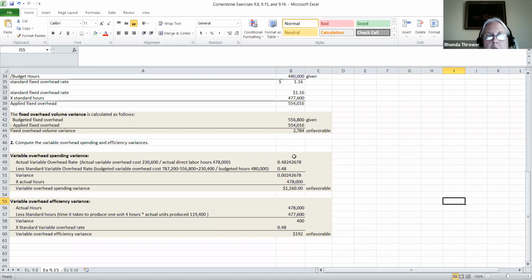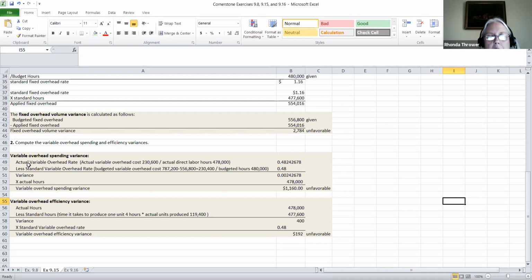Make sure in your calculations that you do not round this out, because it will mess up this unfavorable variance if you rounded this back to 48 cents. So leave it in your calculator when you're calculating these rates to get the closest amount of the variable overhead spending variance.